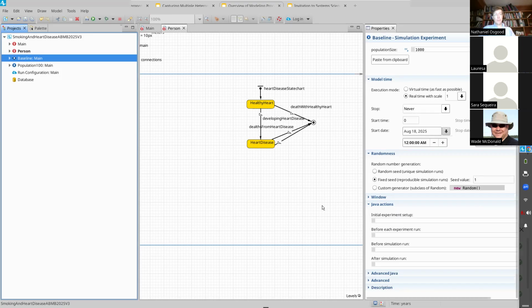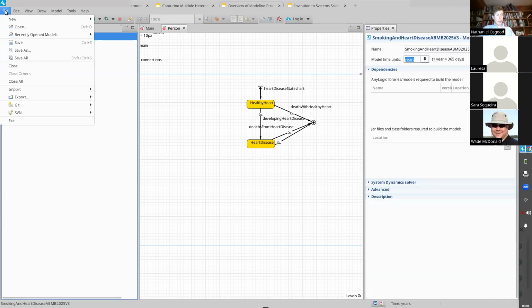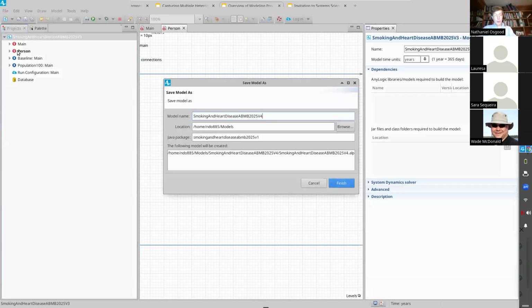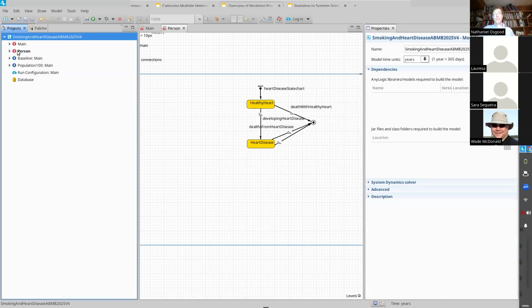Yeah, thanks. Okay, so I've just saved that version 3, and we're going to go on to version 4. Now for this, what I'd like to do is move beyond our high level glance at what's going on. I want to have numbers behind this, like how many people are there with heart disease?